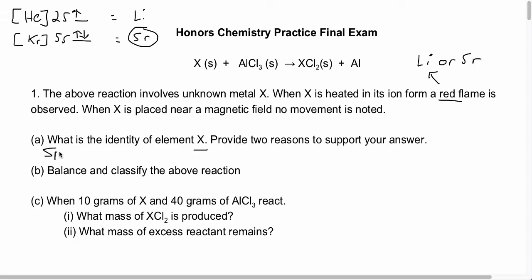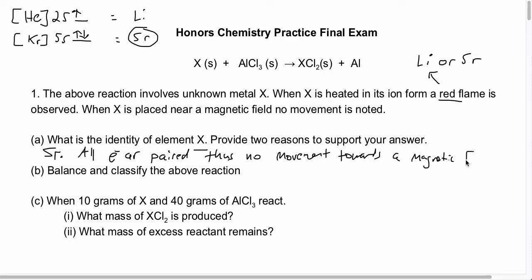So we could say Sr, all electrons are paired, thus no movement towards a magnetic field. Okay, and we see that based on that right there.